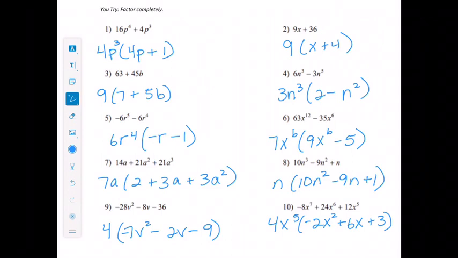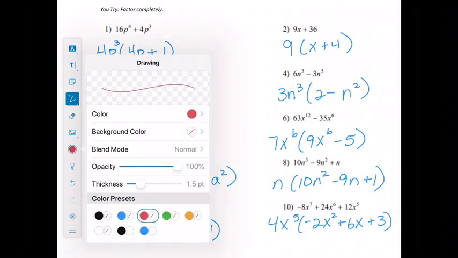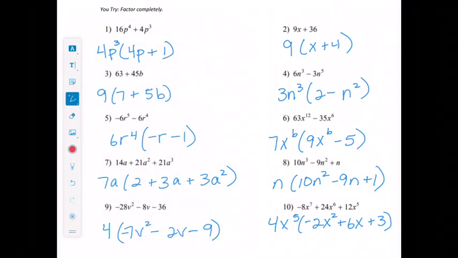One other trick that I wanted to show you. If you look at number 5, I want you to notice that both of these terms are negative. So sometimes we don't just say that our GCF is 6r to the 4th. We say that the GCF is negative 6r to the 4th.